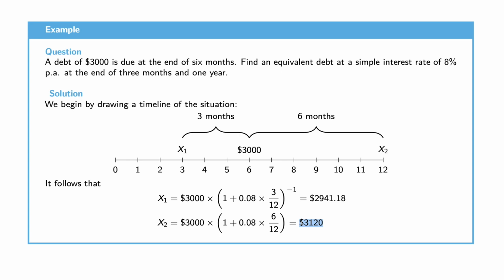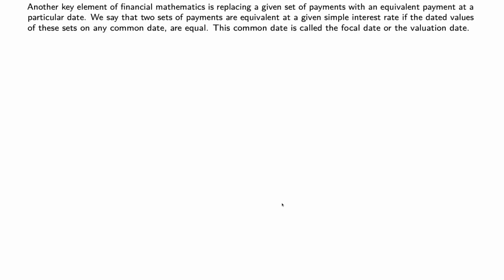So we've had a look at how to replace one payment, but in general we're going to be interested in replacing a set of payments. Another key element of financial mathematics, like I said before, is replacing a given set of payments with an equivalent payment at a particular date.